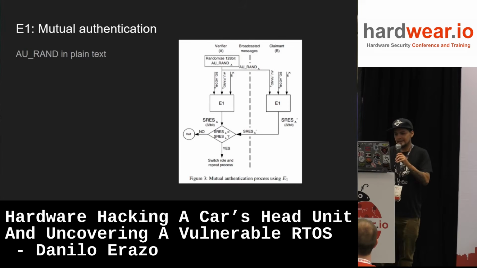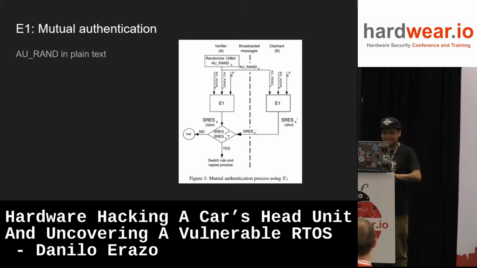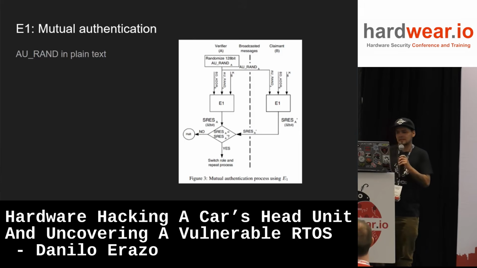After that, here we have the E1 algorithm that executes the mutual authentication. Here is interesting because we also have a number in plain text. Upon creation of this link key K_AB, mutual authentication is performed. This process is based on a challenge-response exchange. One of the devices, the verifier, randomizes and sends in plain text a 128-bit word called AU_RAND. This one travels in plain text.